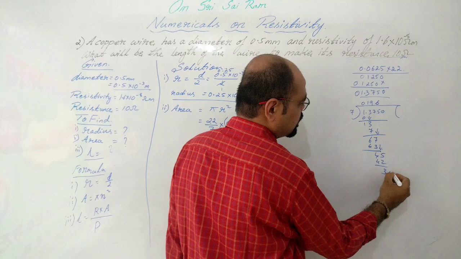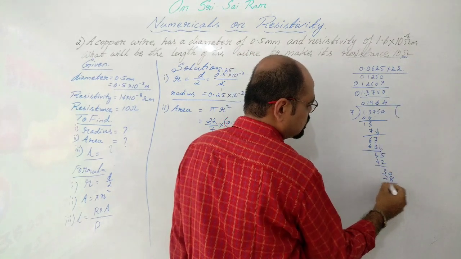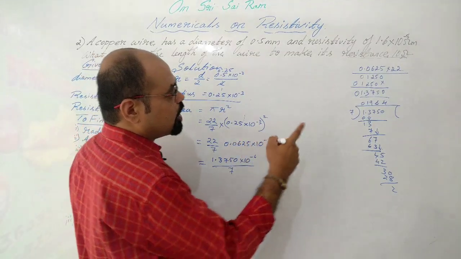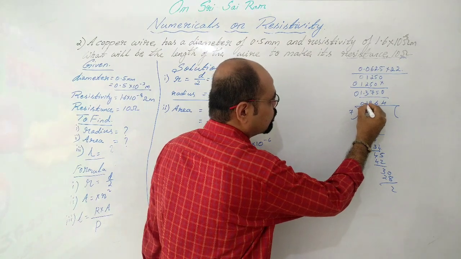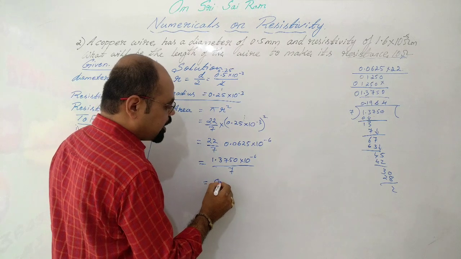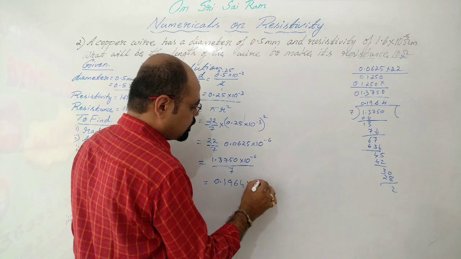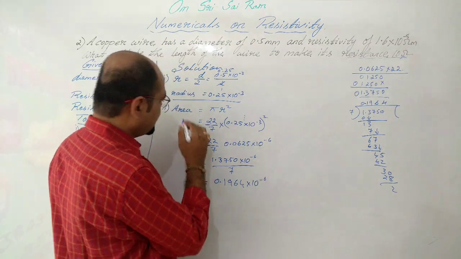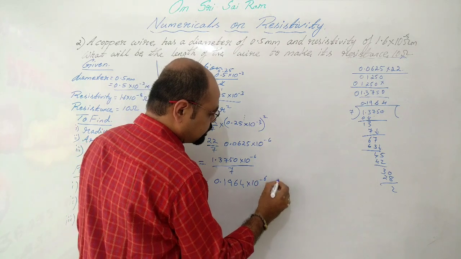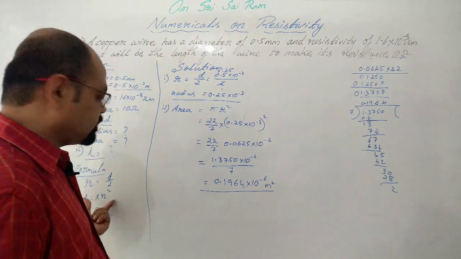Now take this 0 down. 7 4s are 28. So we can stop here. 0.19, with the point coming after one digit. So we get 0.1964 into 10 to the power of minus 6. And it is area, so the SI unit is meter square.